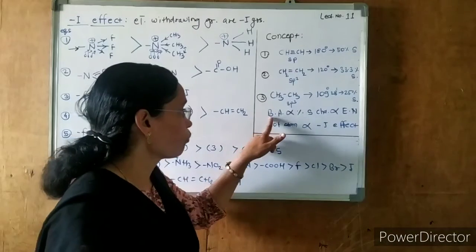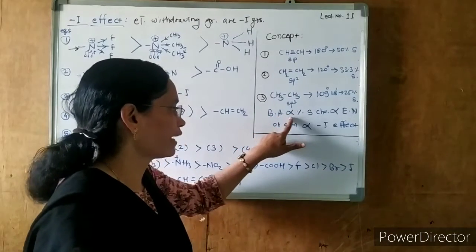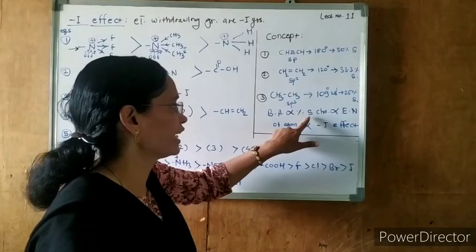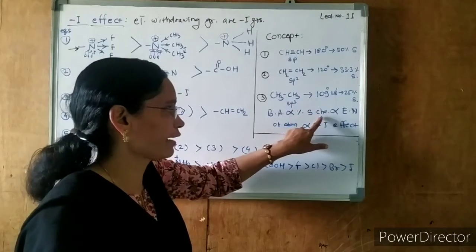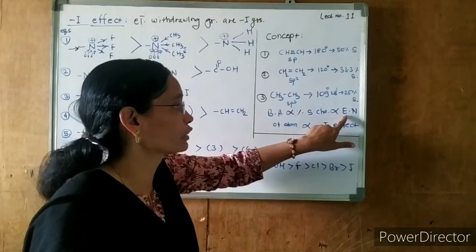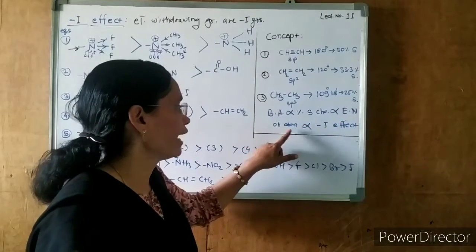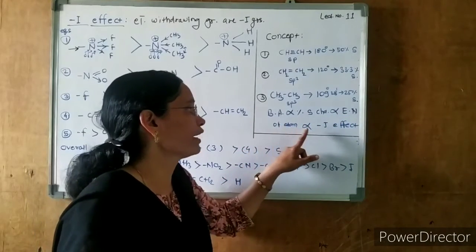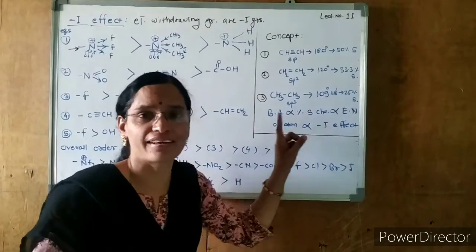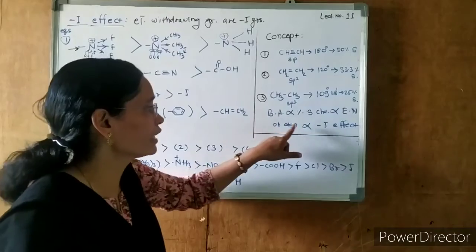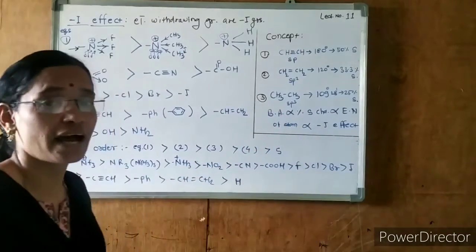In short, bond angle is directly proportional to the percentage of S character. The percentage of S character is directly proportional to the electronegativity of the atom, which is directly proportional to the minus I effect.